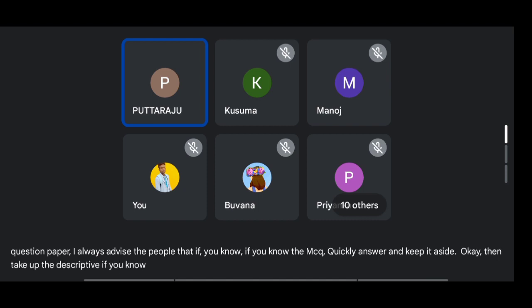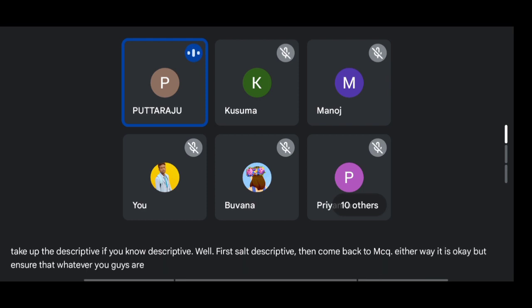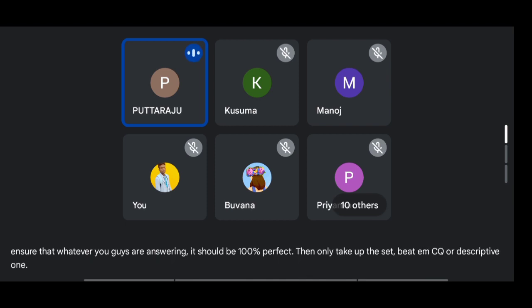If you know descriptive well, first solve descriptive, then come back to MCQ. Either way it is okay. But ensure that whatever you are answering should be 100% perfect. Then only take up the set, be it MCQ or descriptive. Right?